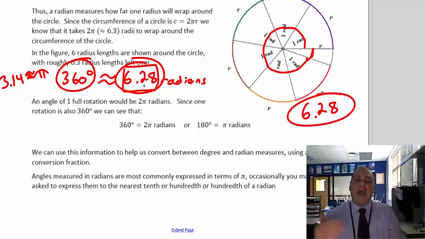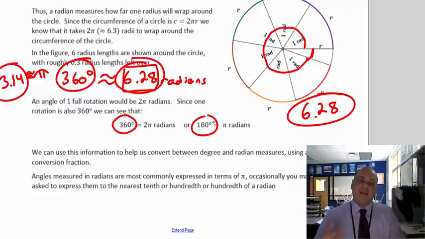Half of 360 is 180, and half of 6.28 is 3.14. So therefore, we could say that 360 degrees is 2 pi radians and 180 degrees is pi radians. And that's what we're going to be using for everything we do.